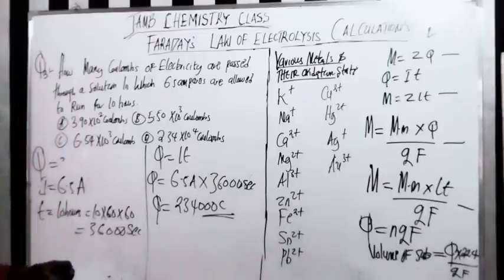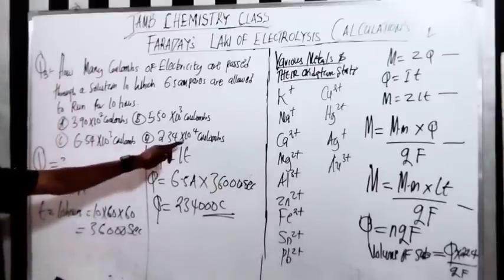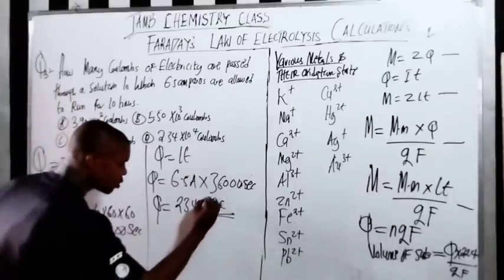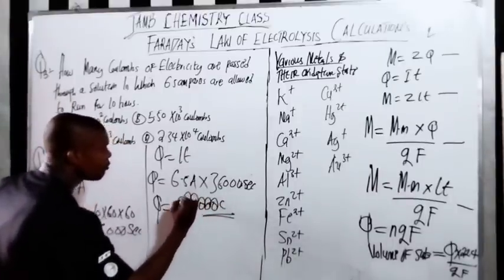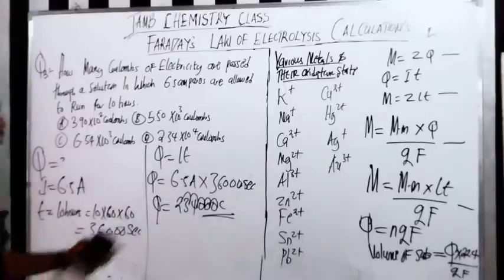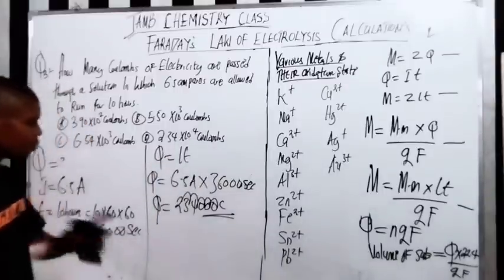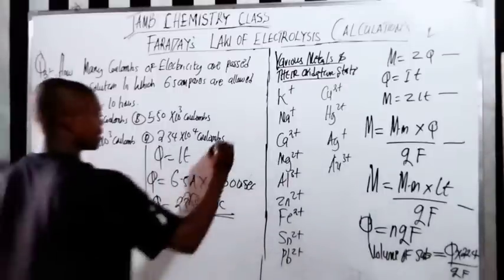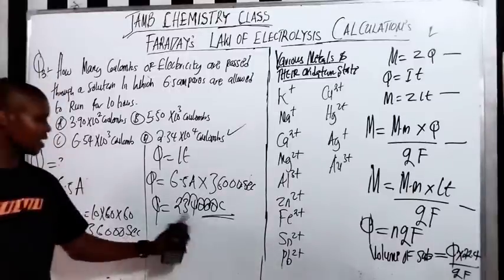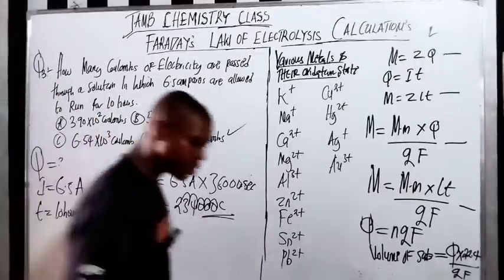Let's see which option it is, in standard form: 1, 2, 3, 4, 5. It should be 5, but we missed a zero, and this is the answer. D is the answer. So that is number 3.